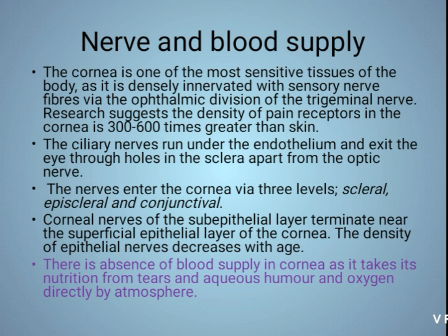Okay. The nerves of the subepithelial layer terminate near the superficial epithelial layer of the cornea. It means the nerves which are present in the subepithelial layer restrict to the superficial epithelial layer only. The density of the epithelial nerves decreases with age.